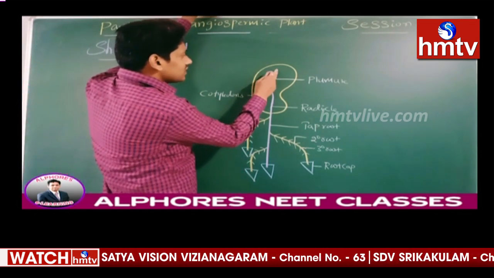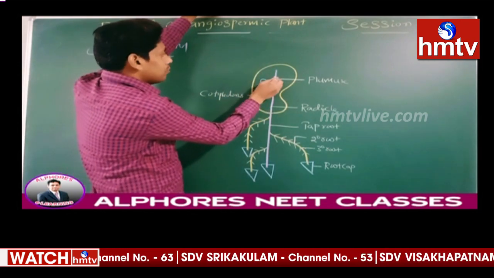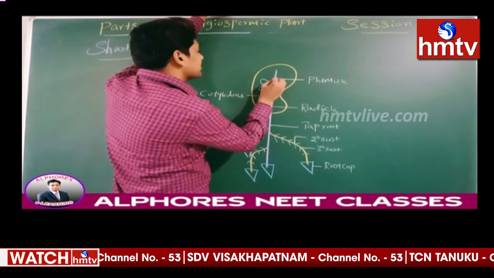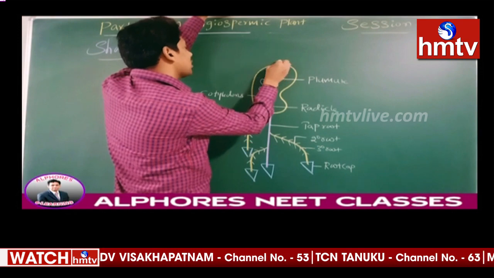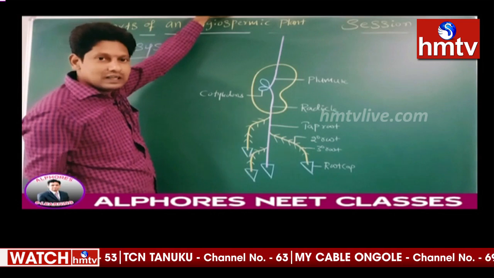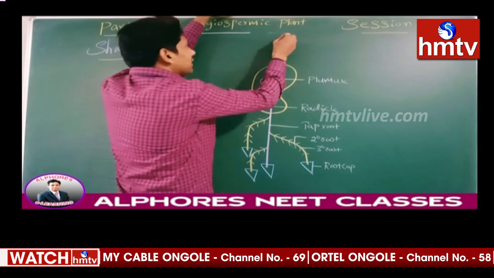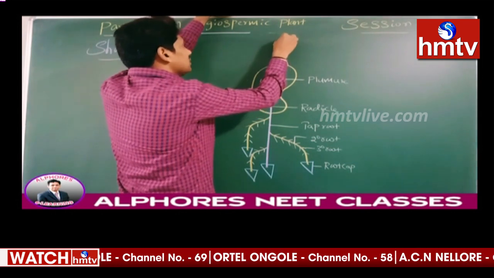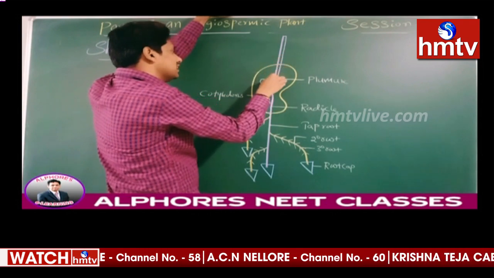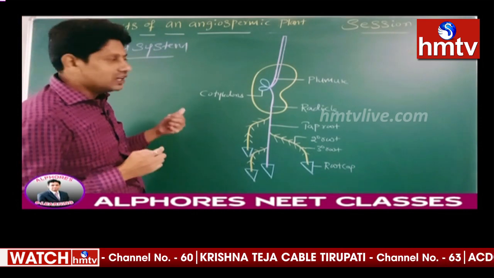What is this? This is the upper end of the embryonal axis, called the plumule. During seed germination, this plumule also comes out of the seed coat. The plumule develops into the stem, which later forms the shoot system.